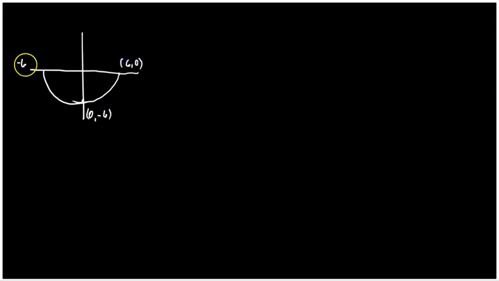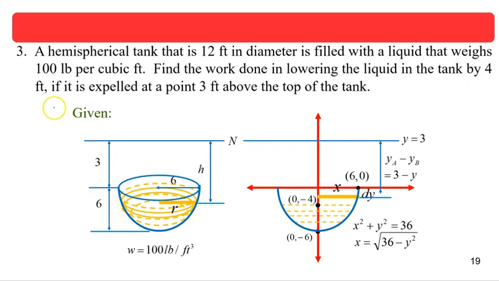You have a hemispherical tank that's 12 feet in diameter, so that means 6, 0, -6 here. It's filled with liquid, and you need to lower it by 4 feet.